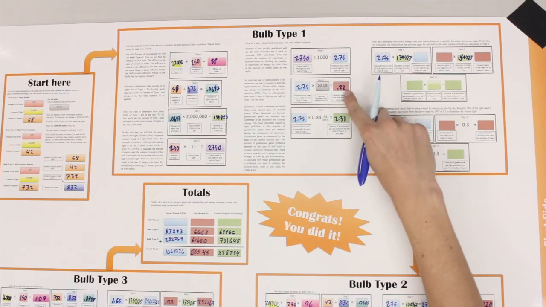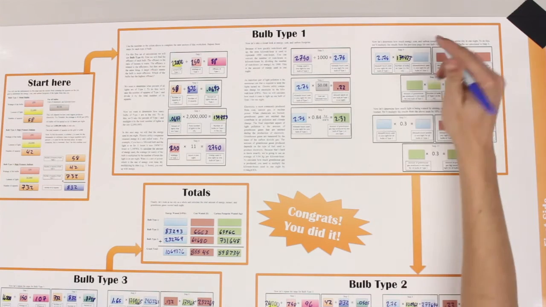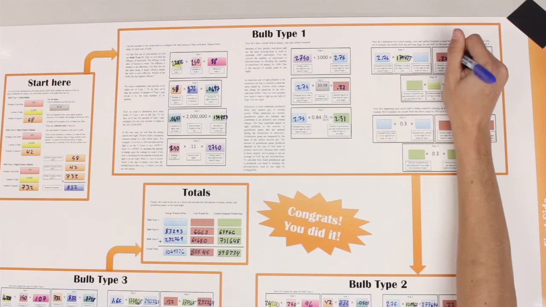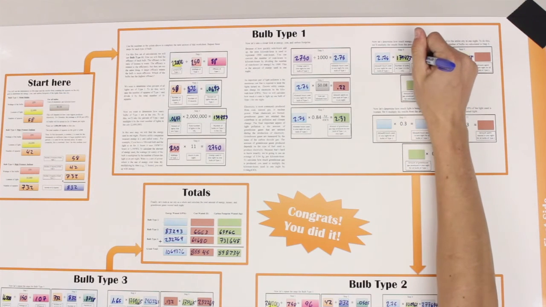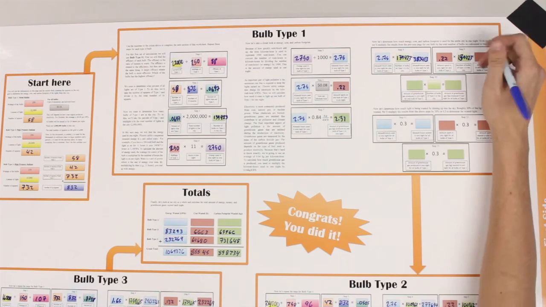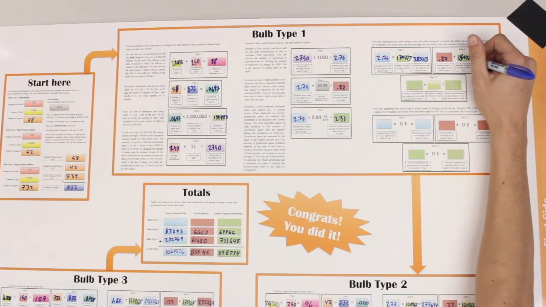In this box, take the cost to run one bulb and plug it in. Now, multiplying this will give us the total number of watts used by all the bulbs of bulb type 1. This will give us the total cost to run those bulbs.